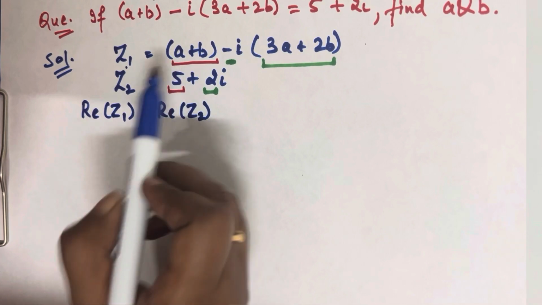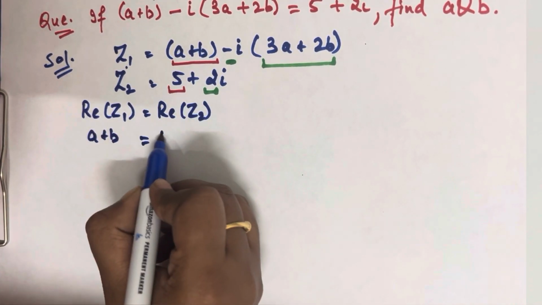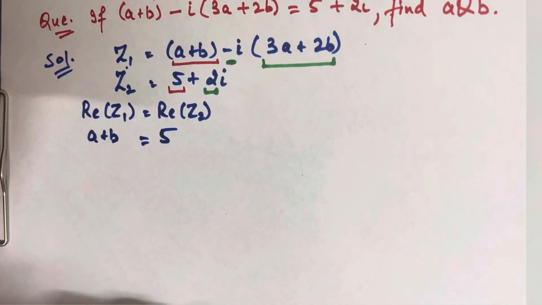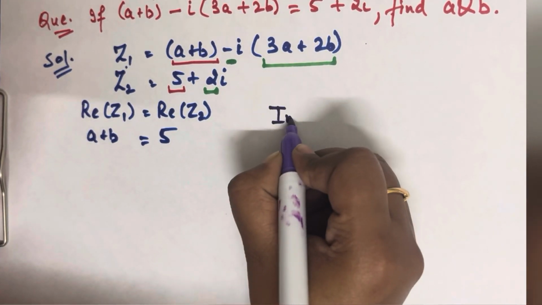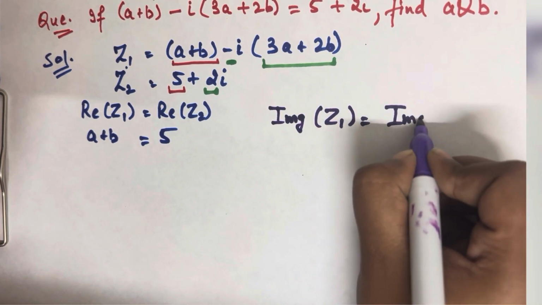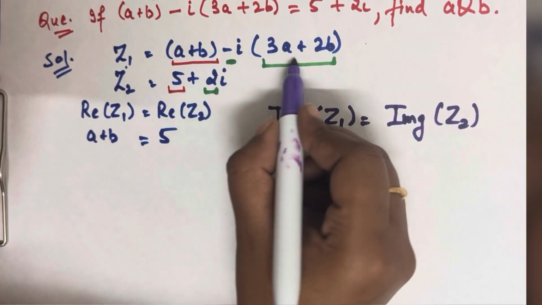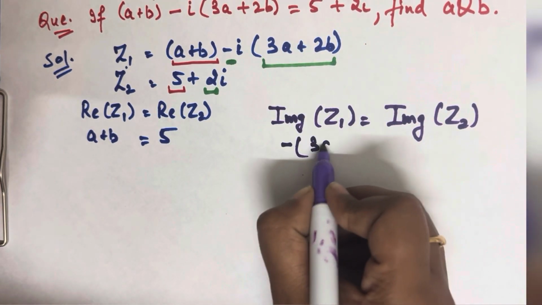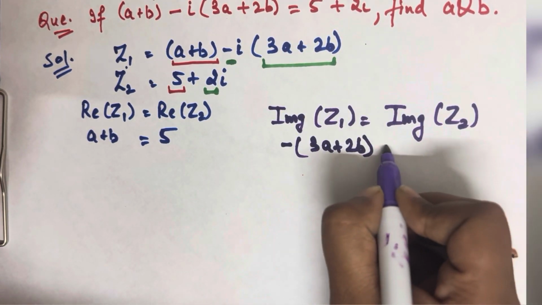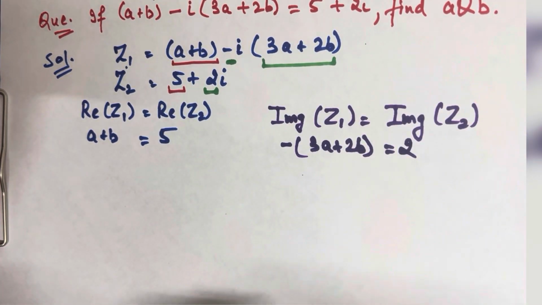So the real part of z1 equals a plus b, which will be equal to 5. This is one equation, right? Now we will equate the imaginary part. So the imaginary part of z1 will be equal to the imaginary part of z2. The imaginary part of z1 is minus of (3a plus 2b), which will be equal to the imaginary part of z2, that is 2.